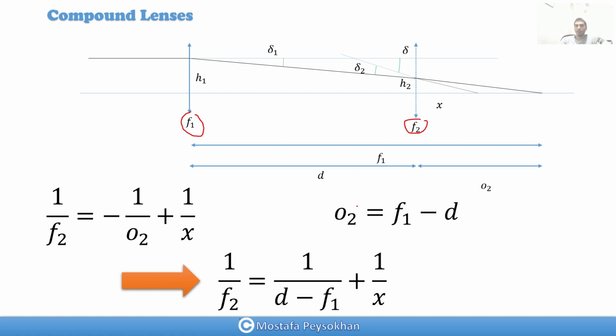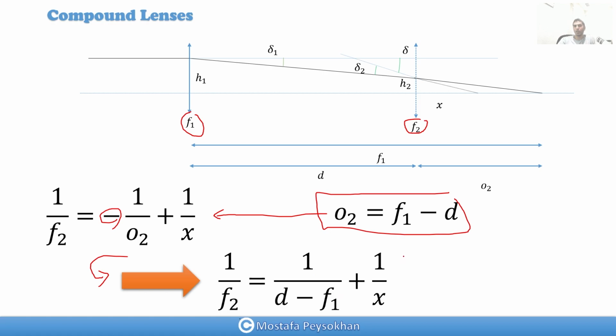So we put this simple equation into this one, and we get this equation: 1 over f2 is equal to, since we have a negative sign here, 1 over d minus f1 plus 1 over x. So 1 over x is unknown for us now. Now let's think about this value.